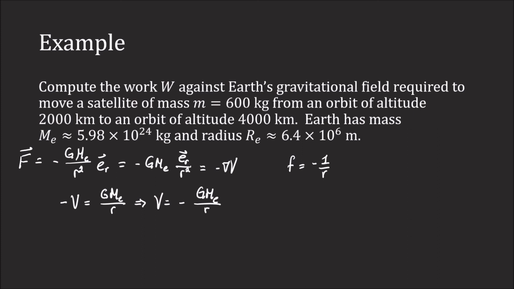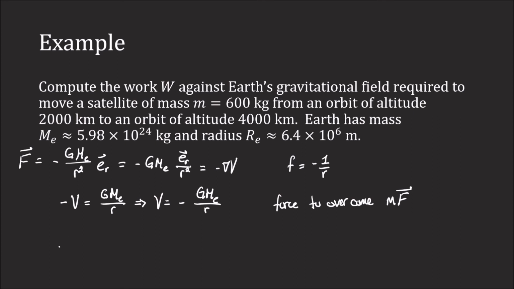Now, the force we have to overcome is m times F, where little m is the mass of the satellite. So the force that we have to apply is the opposite of that. Now, F is conservative, so the path we use does not matter.